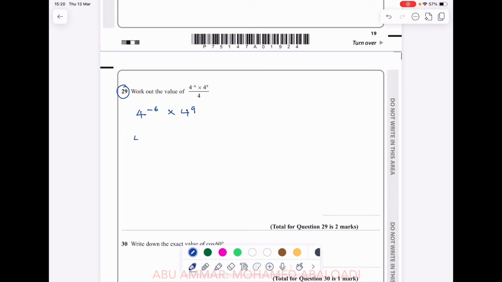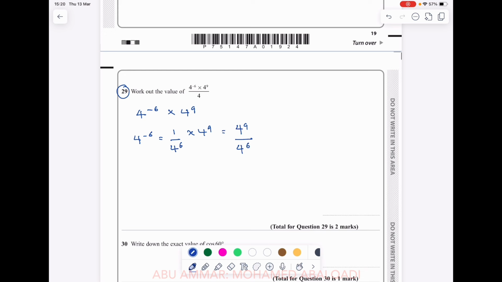We know 4 to the power of minus 6 is the same as 1 over 4 to the power of 6. So times 4 to the power of 9, this gives us 4 to the power of 9 divided by 4 to the power of 6.